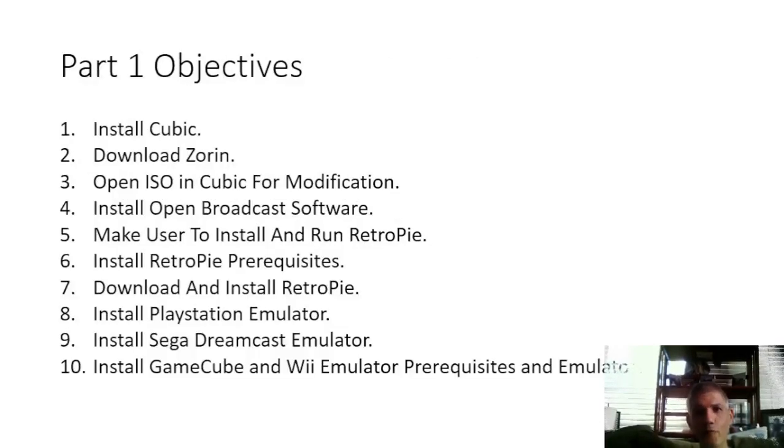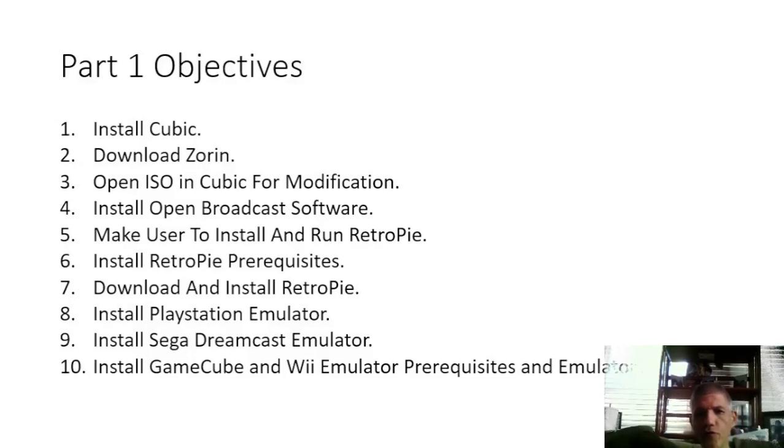The objectives that we're going to cover in this tutorial include installing Qbit, which is the software we're going to use to make our own custom Ubuntu-based ISO. We're going to download a Ubuntu distribution called Join from join.com. We're going to open up the ISO that we downloaded into Qbit so we can modify it and add our custom programs and wallpapers.